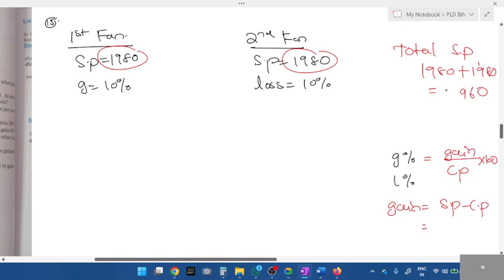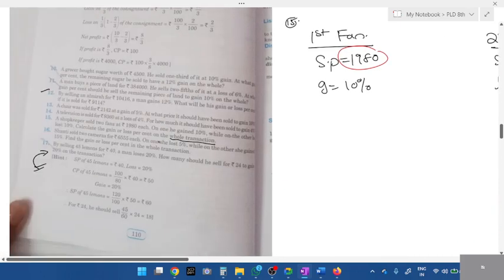Don't write anything. Just calculate and tell me. 3960.